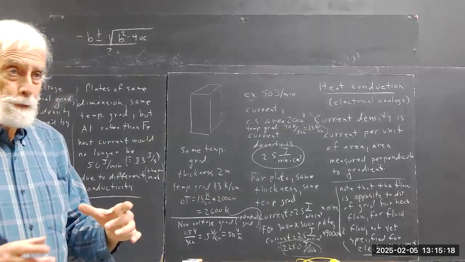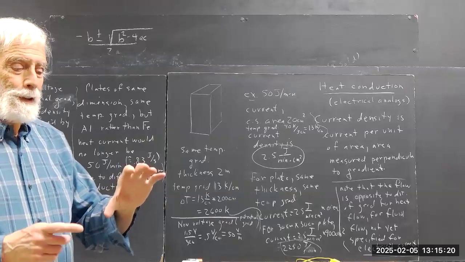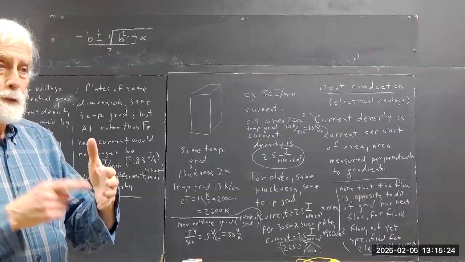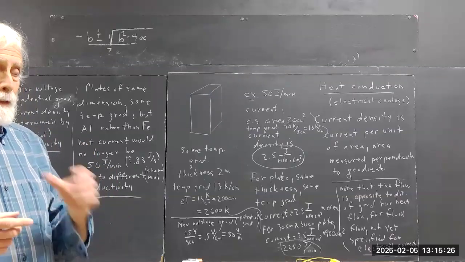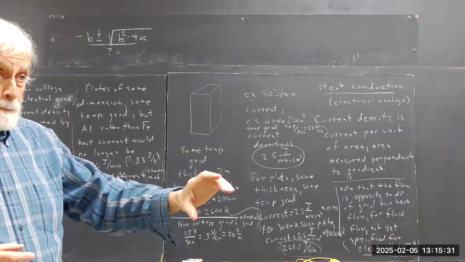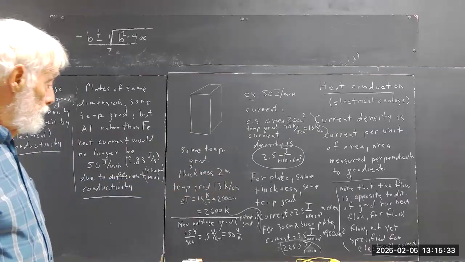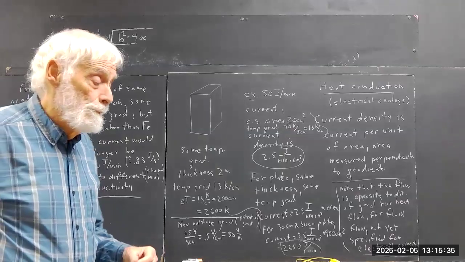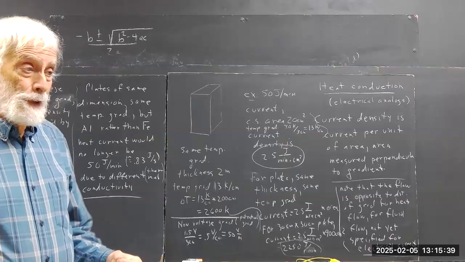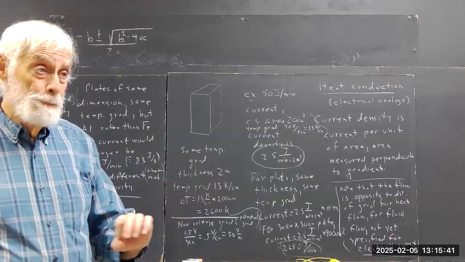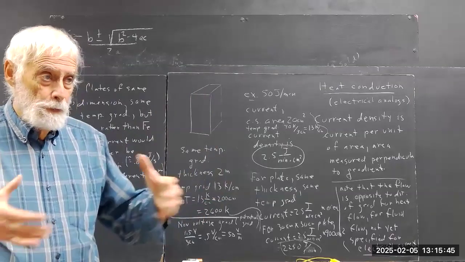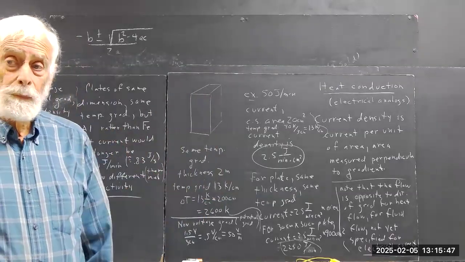Fluid flow is measured in the flow per unit of area perpendicular to the gradient. Fluid flows in the direction opposite to the direction of the pressure gradient. And there is a flow density. It's just the flow per unit of area in whatever pipe or channel the fluid is flowing in.